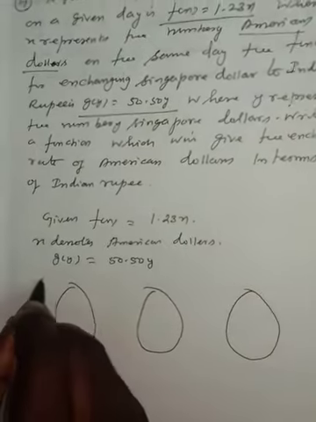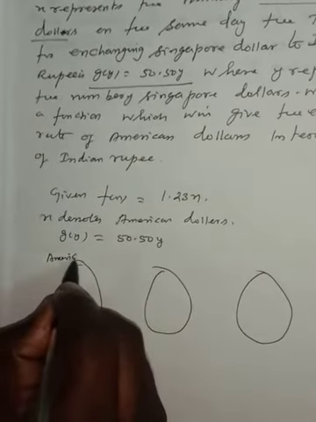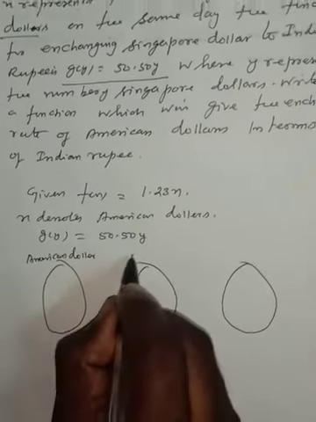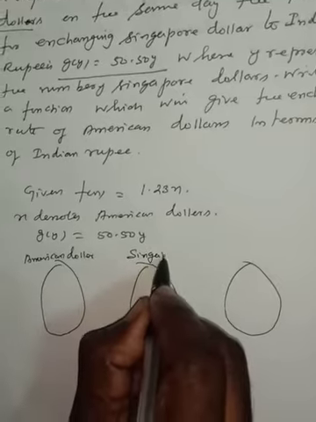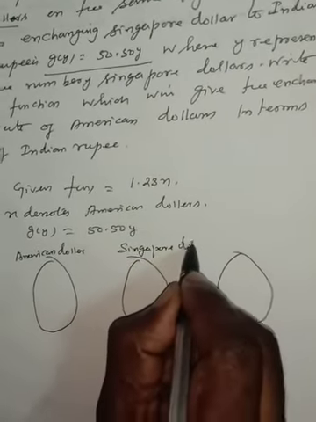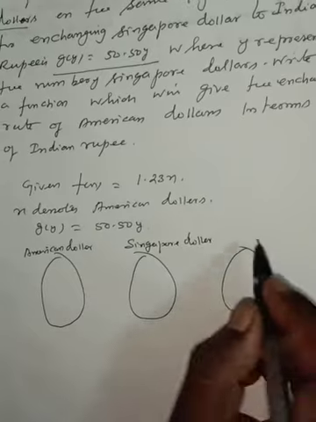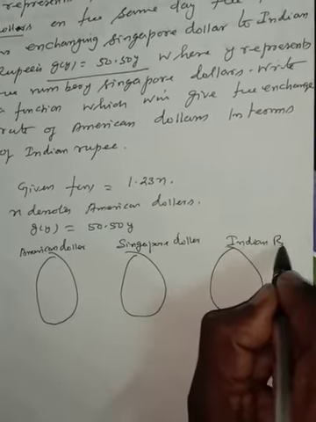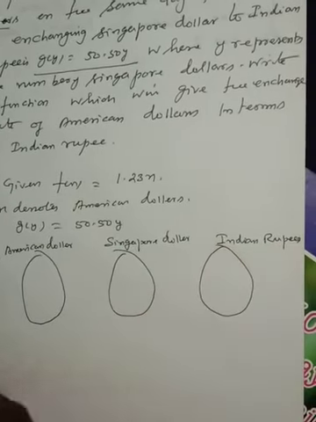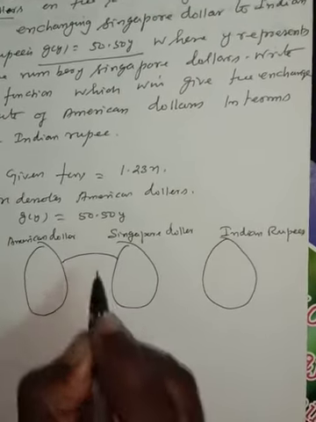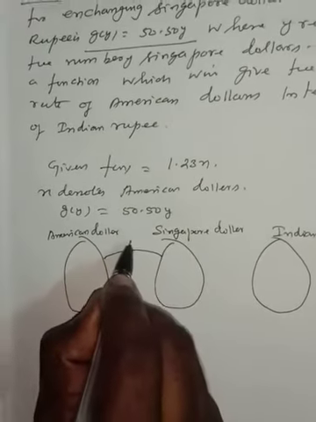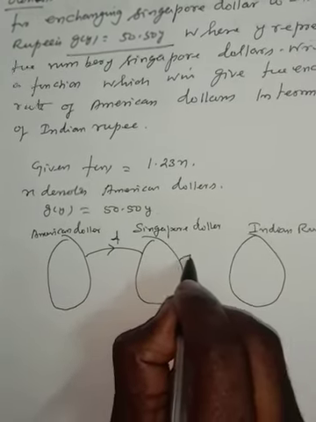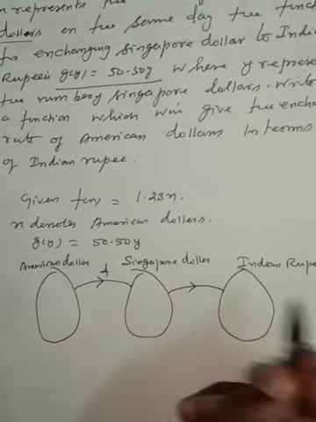First American dollar, next Singapore dollar, next Indian rupees. F is a function from American dollar to Singapore dollar. G is a function from Singapore dollar to Indian rupees.